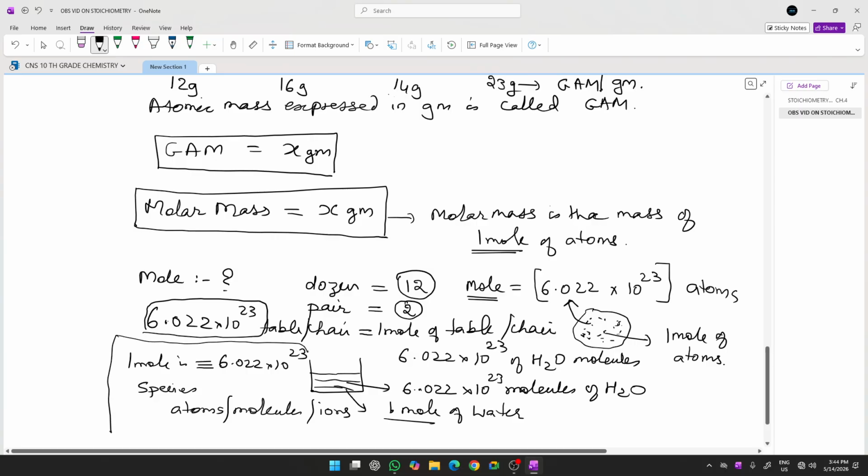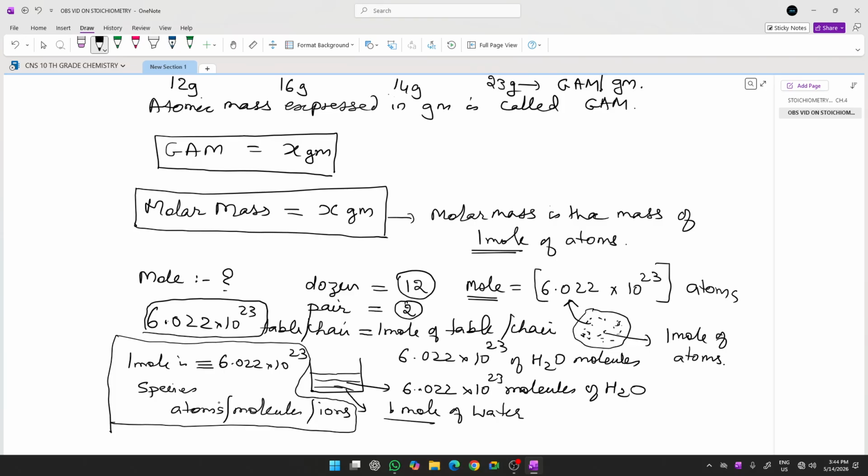Is that clear? Now let me tell you, mole is bigger than a single atom. Obviously, one atom will have some mass which is known as atomic mass of that atom, but 1 mole is not a single atom. It is 6.022 multiplied by 10 raised to 23. It's a huge number. So when you take so many atoms together, the mass of that particular bunch of 6.022 into 10 raised to 23 atoms will be called molar mass.